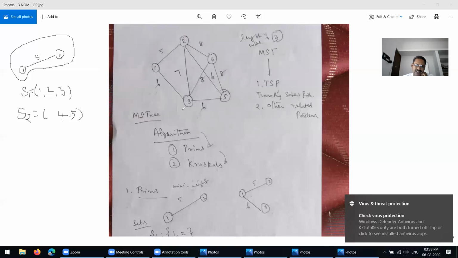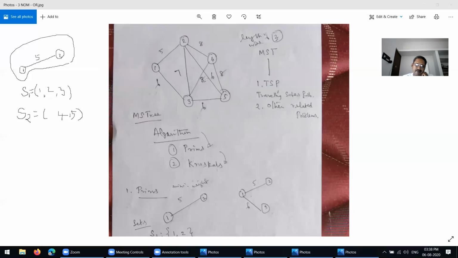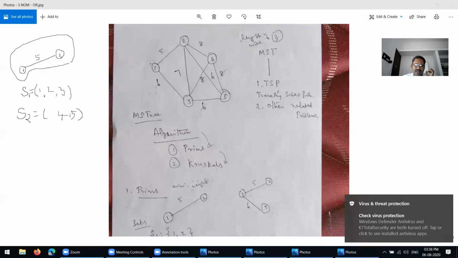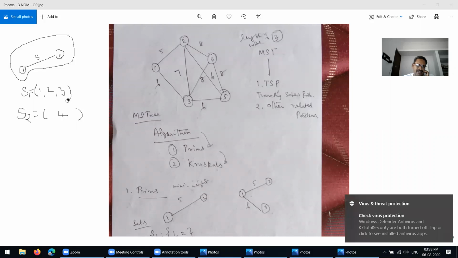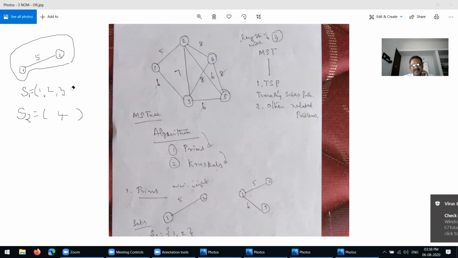But we already have 1, 2, 3: 1 goes to 2 and then 3. Then 2 to 5 is also 6. So now, removing 5, here you are adding, and here also adding.